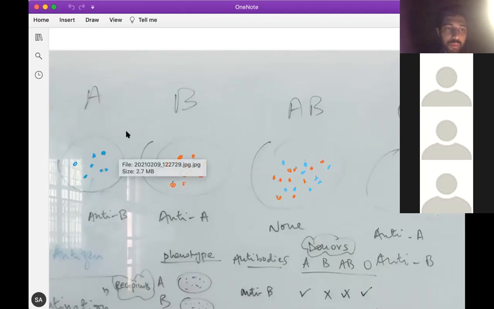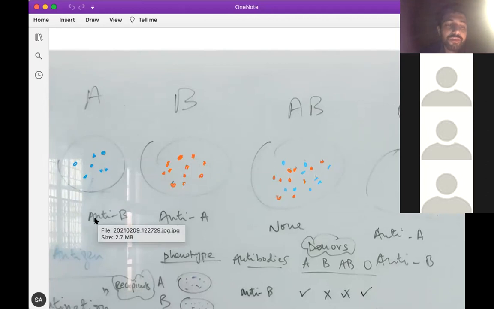When someone has blood group A, we say they have these antigens, and they have certain antibodies as well in their immune system. The antibodies that this blood group has are anti-B antibodies. What does this mean?